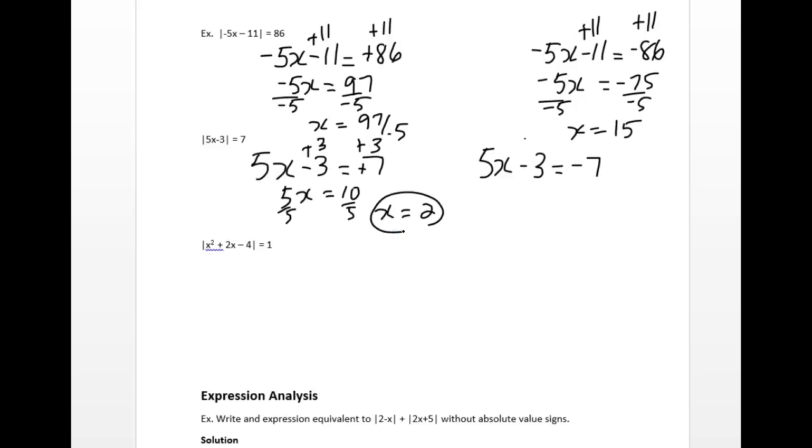And when we add 3 on the other equation, we end up with 5x is equal to minus 4. Divide by minus, or sorry, that's not a minus 5, it's a 5. Divide by 5, and we end up with negative 4 over 5.